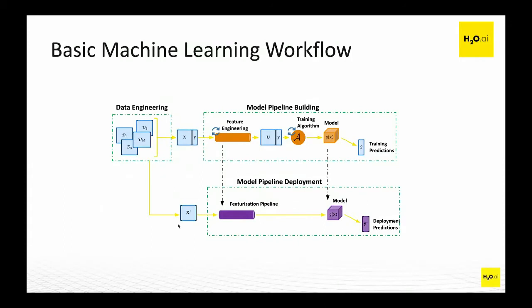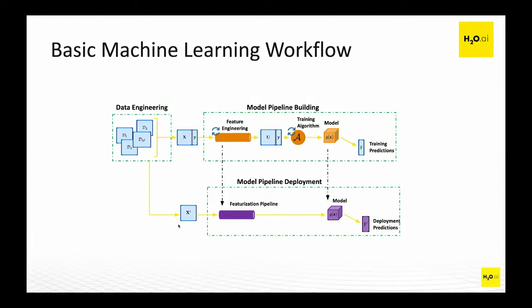So let's take a look at the basic machine learning workflow. This is a very high-level overview, and I am making some generalizations about the different stages just for the sake of simplicity. The machine learning workflow starts with data engineering on the top left.